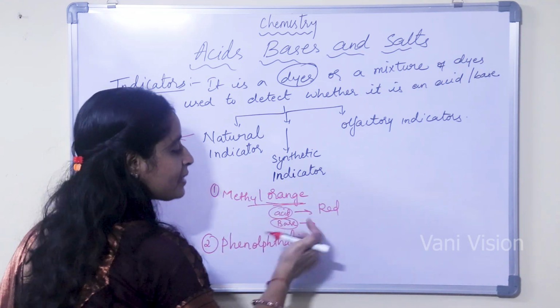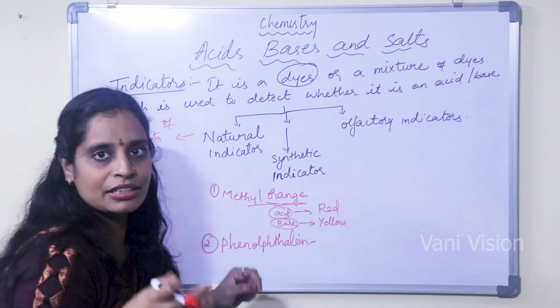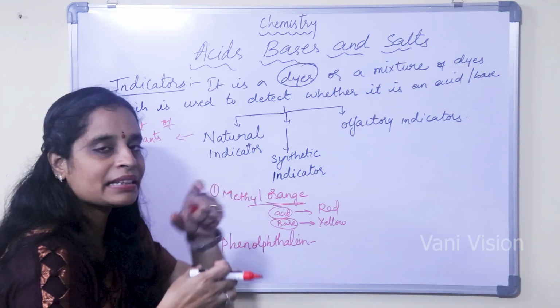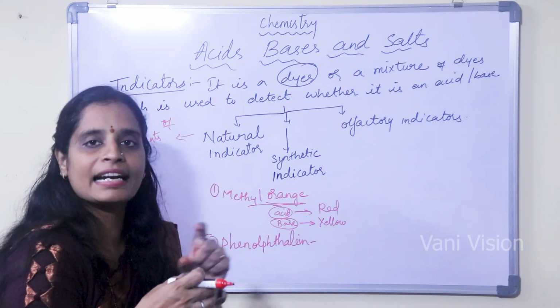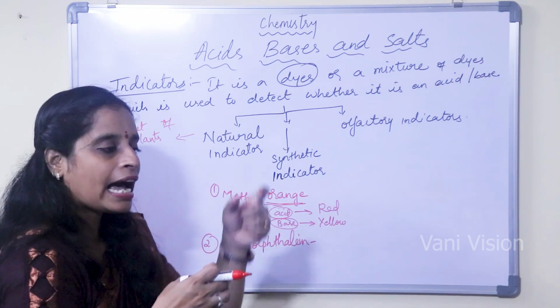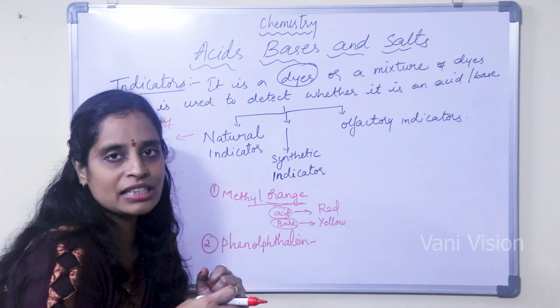When it is added to a base, it turns yellow. Clear? Any acid you take, add some drops of methyl orange in it, the solution is going to turn reddish. Take a base, add some drops of methyl orange in it, and it will turn yellowish.